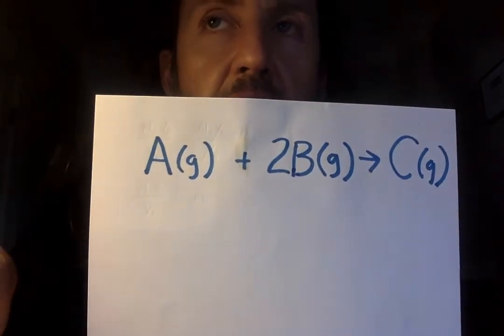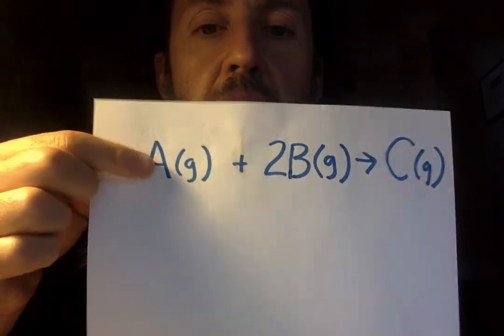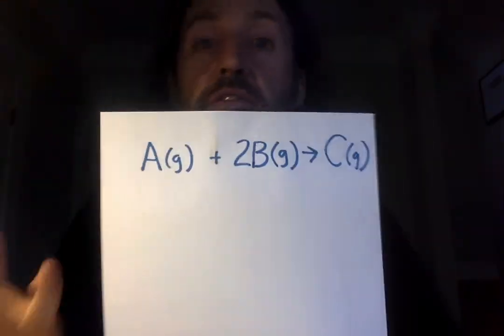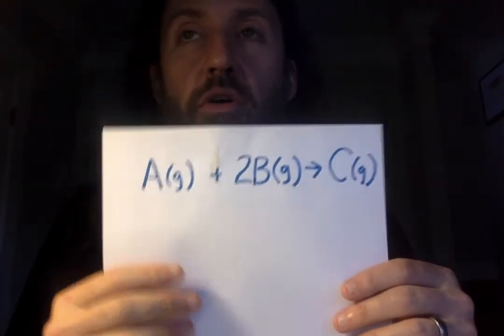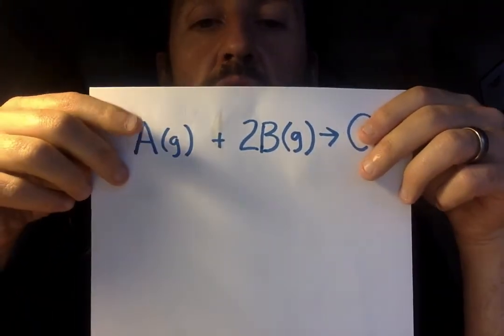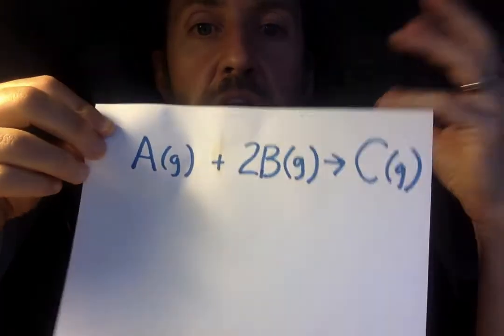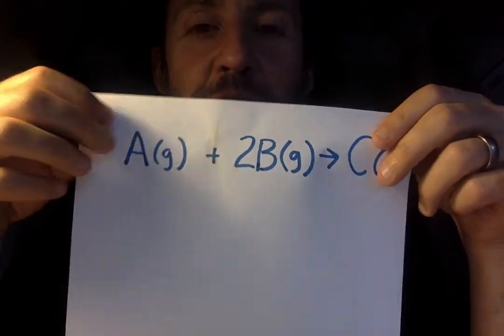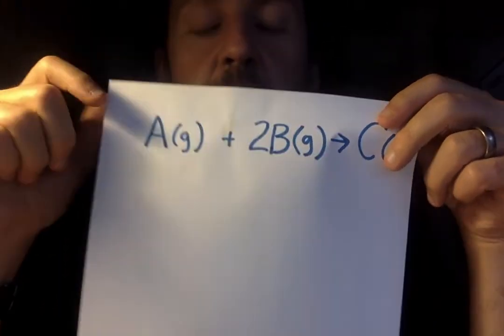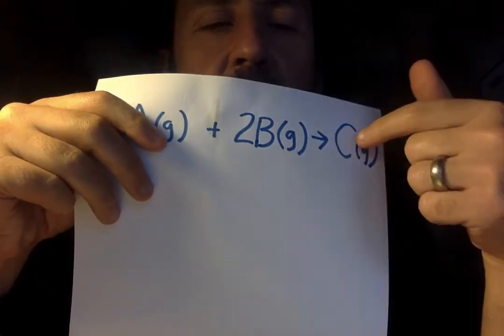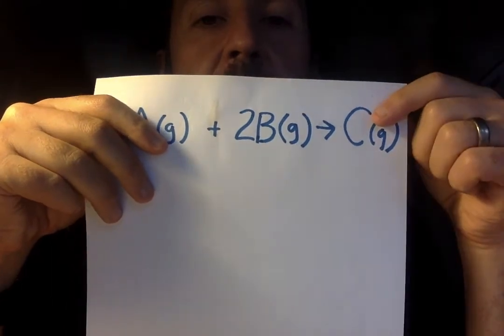So if we think about this as a balanced chemical equation, what's going to happen here is as this reaction is happening, A is going to seem to be disappearing, okay? So your reactant's rate of disappearance, because when you're doing a chemical reaction, what it seems like is the reactants are disappearing, but they're not disappearing. They're just being transformed into product, okay?